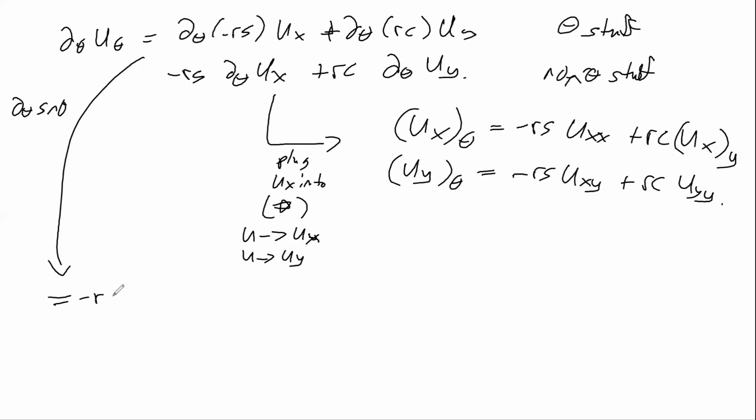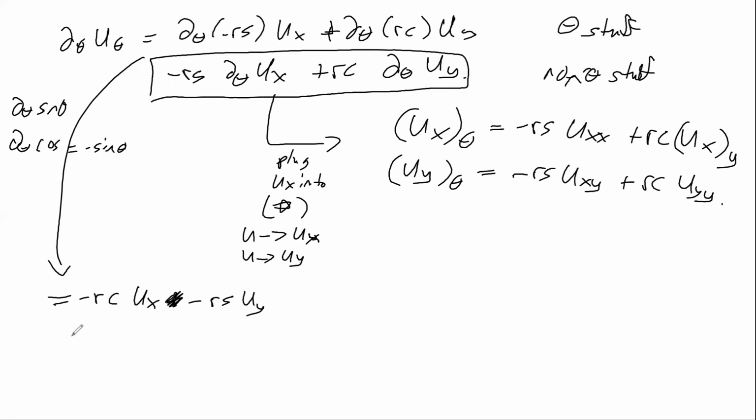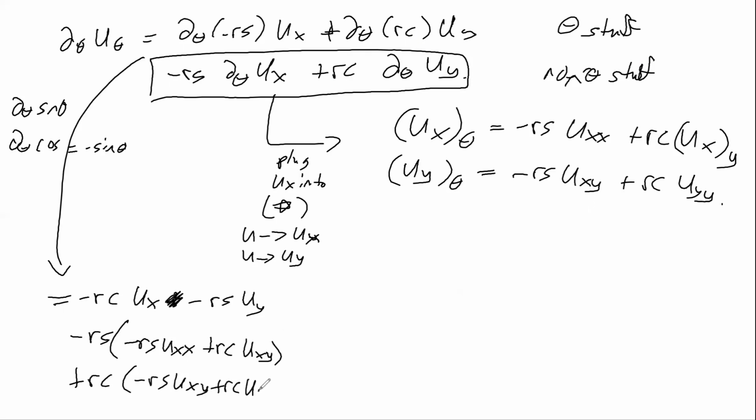So we'll get minus rc ux, or rather this will be minus, right, because the theta derivative of cosine is just minus sine. So it'll be minus rs uy. And then finally, we'll have all of this nastiness, which we just have to plug in verbatim. And then finally, we'll have minus rs uxy plus rc uyy.